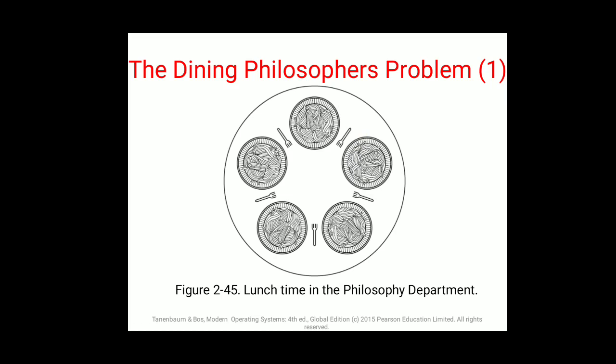After the philosopher has finished eating, the two forks are replaced on the table. This solution unfortunately leads to deadlock. If all the philosophers are hungry simultaneously, all pick up the fork on their left side and the right side fork will not be there. This is an unseemly position, all philosophers starve.